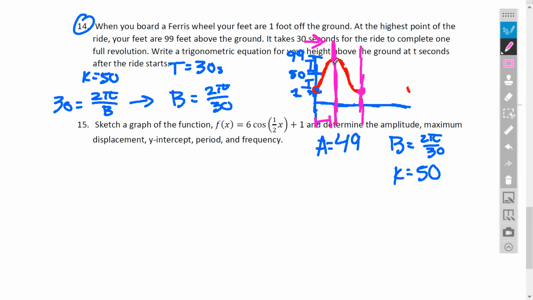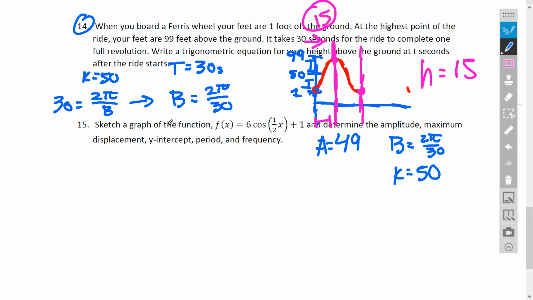The period is 30 seconds, so this has been shifted to the right by 15 seconds. So that means our h value is 15.